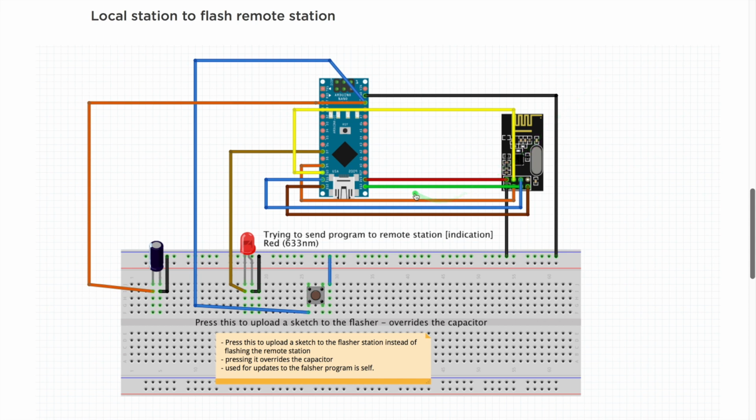So there is a loop, and you're gonna send the first packet that tells the other station to reset and go inside the bootloader, and then the bootloader on the other side is gonna wait for a couple of seconds for the packets to arrive. So this guy is gonna help you for the debugging process, and whenever it's trying to send something to the remote station, it's gonna flash. And once it's failed, it's gonna flash in a different way.